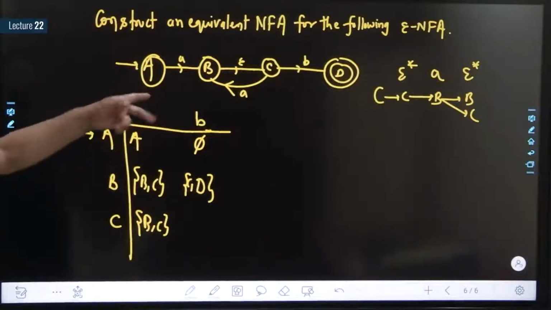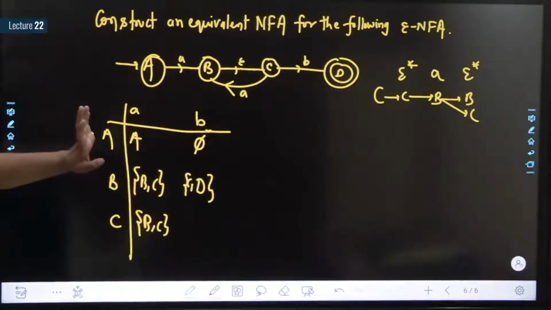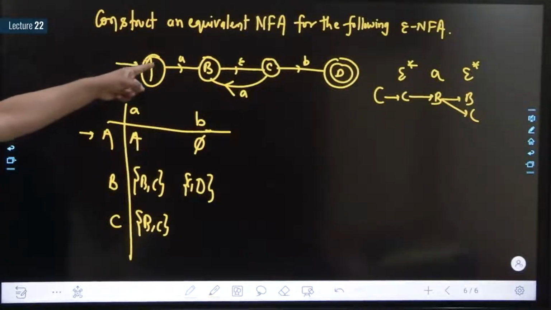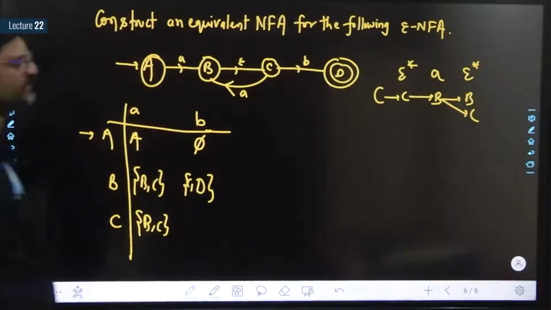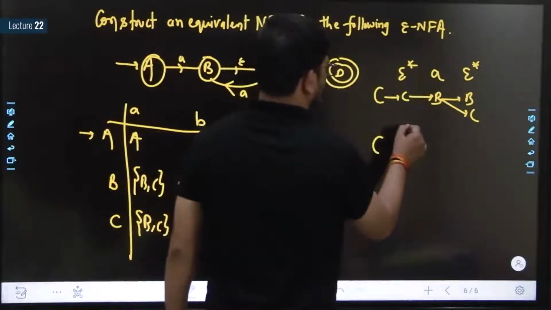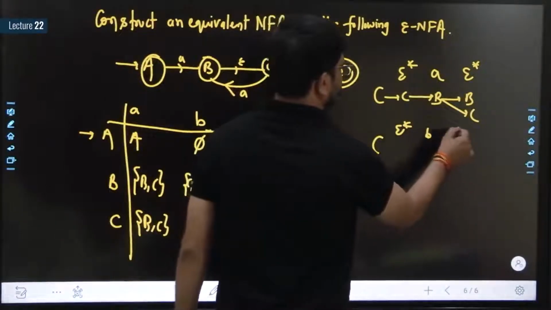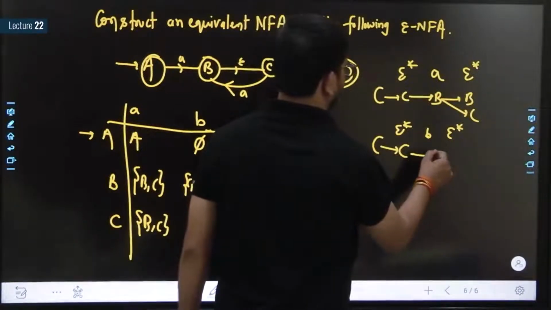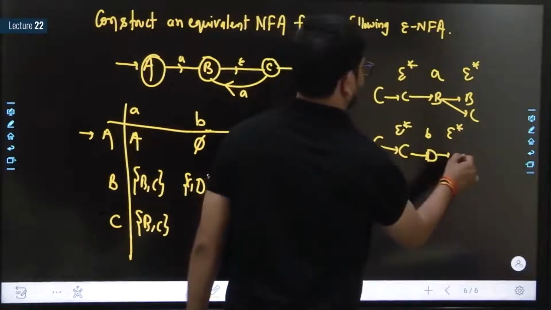Epsilon closure of C, C itself. C on B. Epsilon closure of C, C. C on B, D. Epsilon closure of D, D.